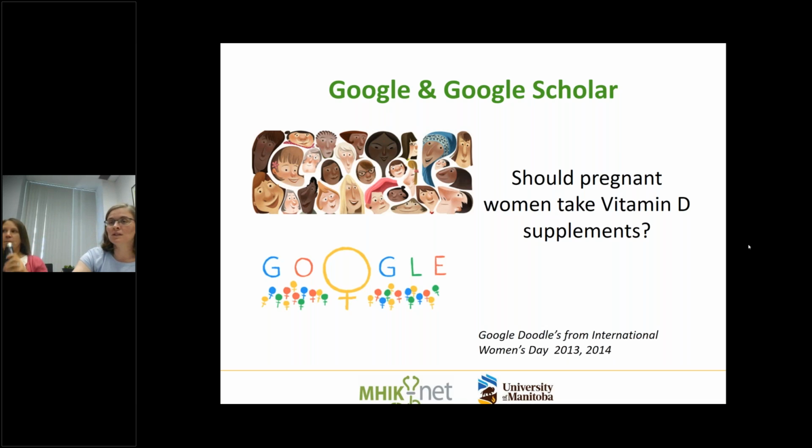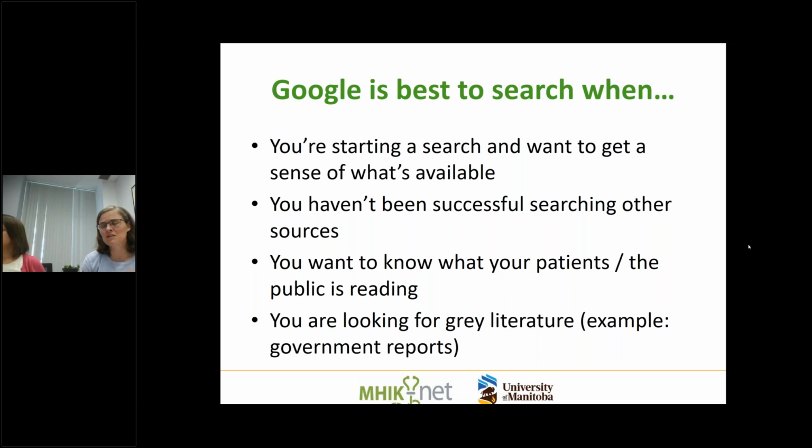But Google is good for a lot of stuff. So it is a good place to go when you're just starting out, much like UpToDate, where you want to get some basic information about a topic. You can see what's out there. Sometimes if you haven't had a lot of luck with TRIP or PubMed, Google will help you out that way.